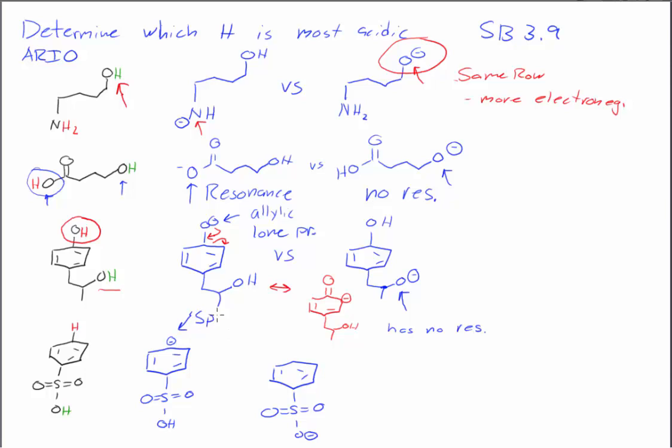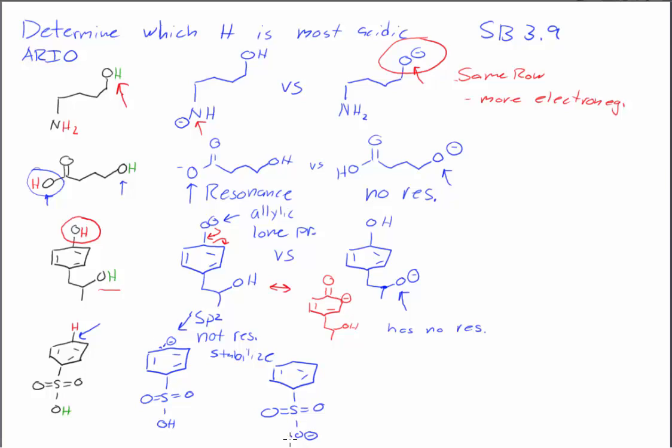But remember that this lone pair resides in an sp2 hybrid orbital. It does not reside in a p orbital, which is required for resonance. So this lone pair is not resonance stabilized. And of course, you'll recognize that this hydrogen is a vinylic hydrogen. It is a hydrogen attached to a double bond. Those are not typically acidic, and that's because they are not resonance stabilized.